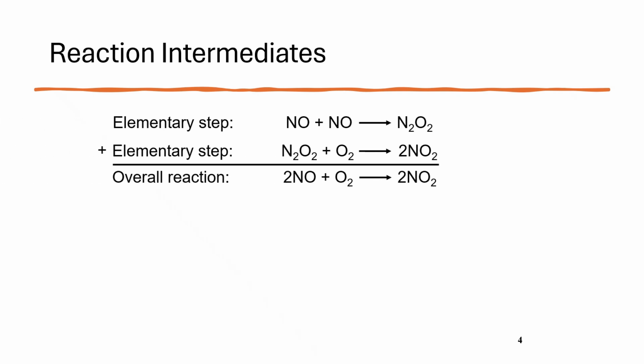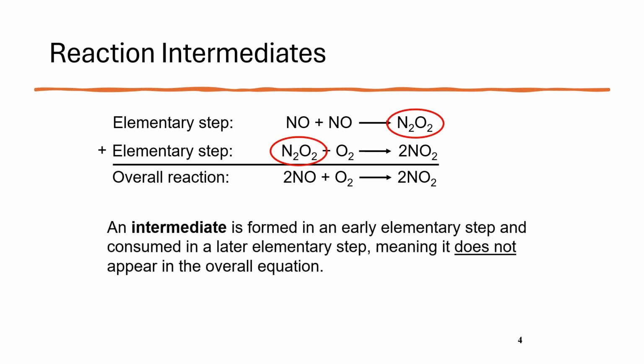Reaction intermediates are what we call the compounds that appear in one elementary step and are consumed in a second elementary step. This means, again, as we've already noted, that the intermediate won't appear in the overall equation, and yet it has a very important role to play in the progress of the reaction.